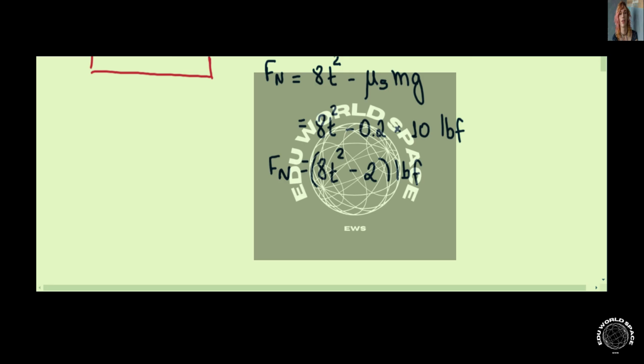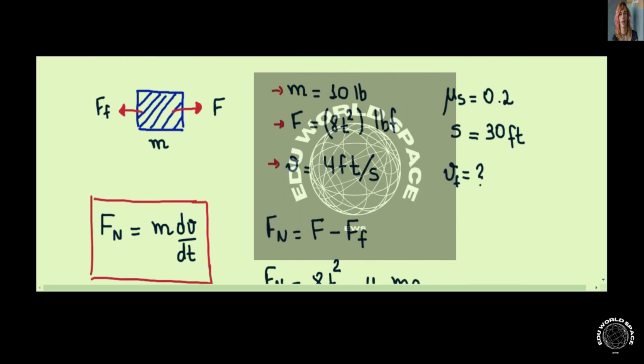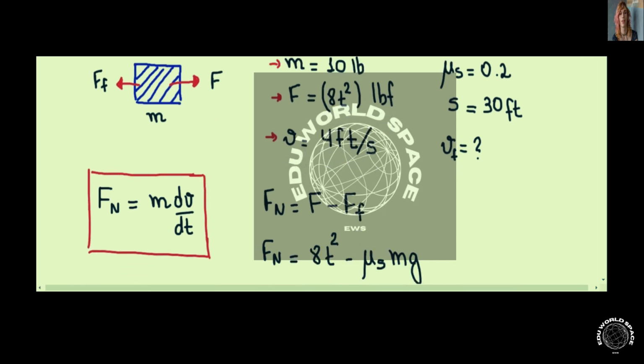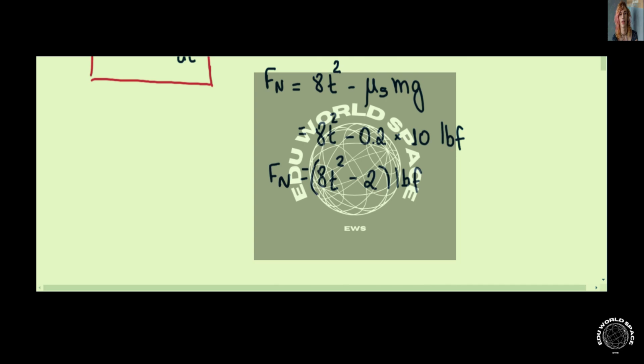Okay, now in order to find the final speed, I'm going to integrate the force equation over time, so that we can obtain the speed. Then I'm going to integrate again so we can obtain the position.